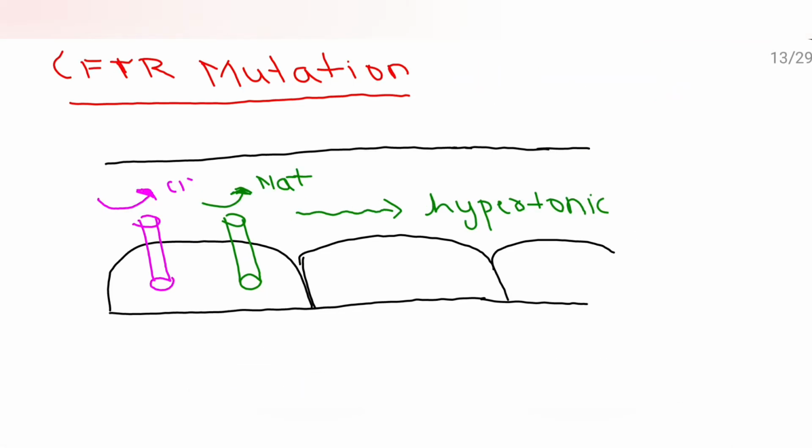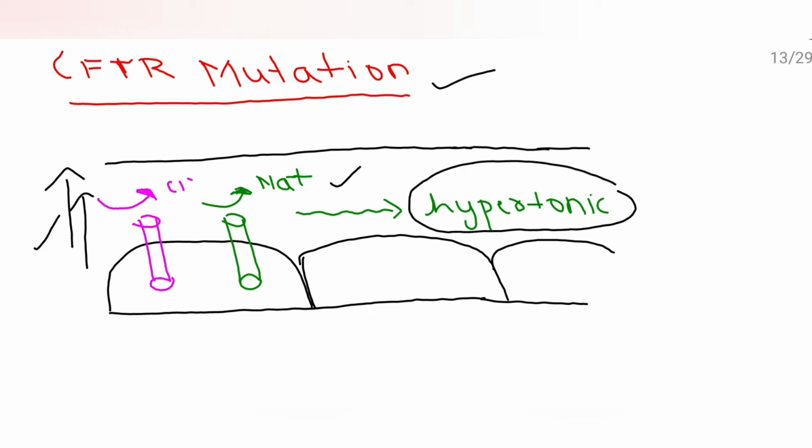Now we'll see what will happen in cystic fibrosis in the sweat gland. So CFTR mutation occurs. In the sweat gland, the normal reabsorption of sodium and chloride doesn't take place. So this sodium and chloride are secreted into the lumen. So whatever the secretion in the lumen will be hypertonic.